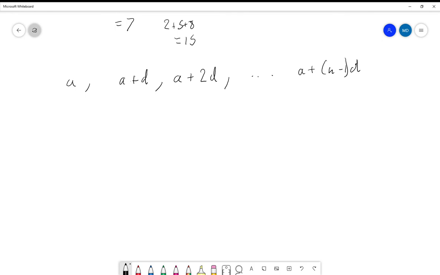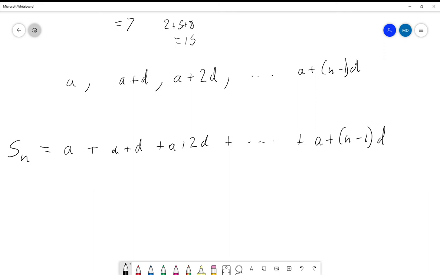And what we want is Sn of this sequence, which is going to be equal to all of the terms added together. And this isn't very nice. This isn't easy to calculate at all. But, well, it is quite easy with a nice little trick.